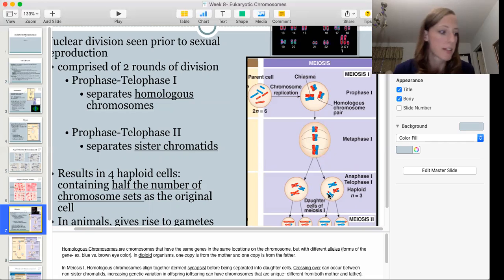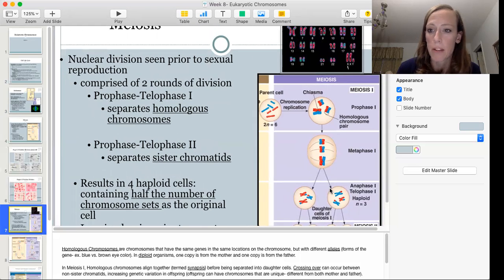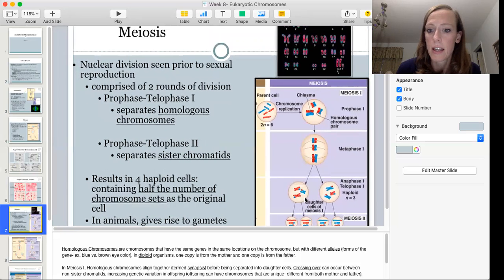That indicates that there has been a swapping of genetic material between the non-sister chromatids. And so this increases genetic variability in offspring, because that ultimately will produce a daughter cell that is different from the parent cell and from each of the other daughter cells.